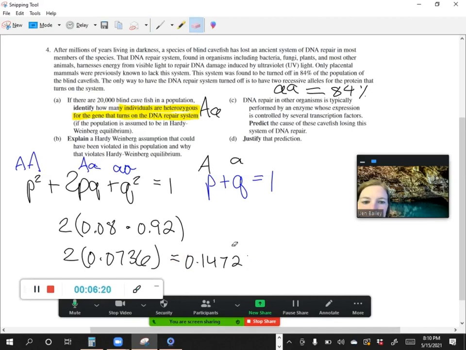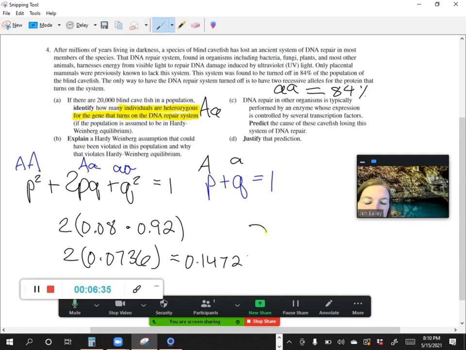What we need to do next is find out how many individuals 14.72% is out of 20,000 blind cavefish. So how do we do that?